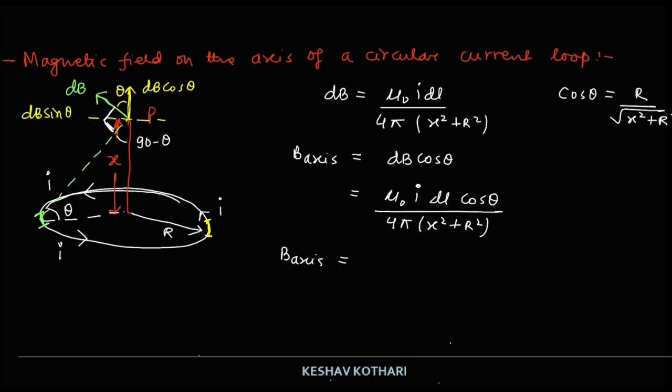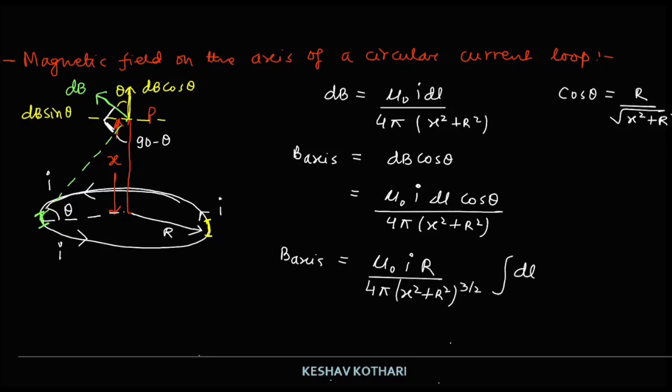So we get something like this. Now in the value of cos theta, everything is constant, so I can take them out. So it will be equal to mu naught I r upon 4 pi x square plus r square to the power 3 by 2, and there is integration of dl that is left.